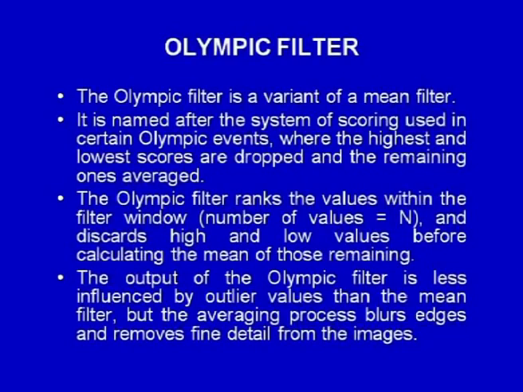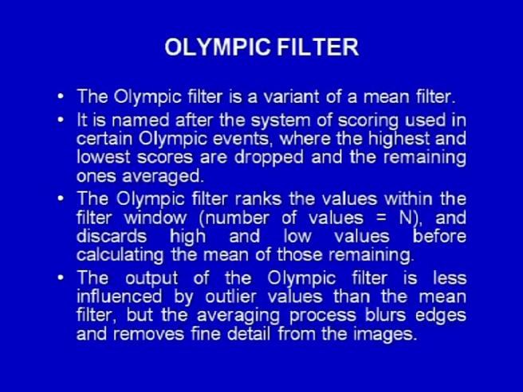The next filter to be considered is the Olympic filter. The Olympic filter is a variant of the mean filter. It is named after the system of scoring used in certain Olympic events, where the highest and the lowest scores are dropped and the remaining ones are averaged.